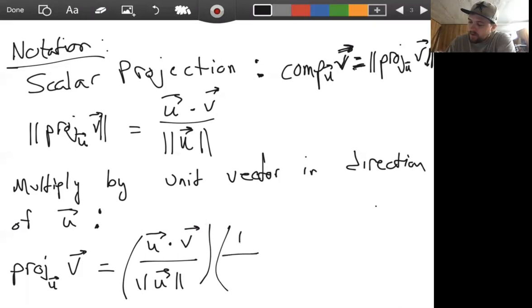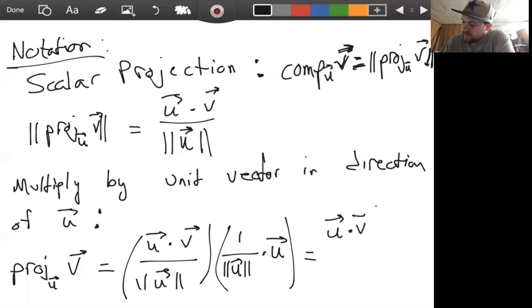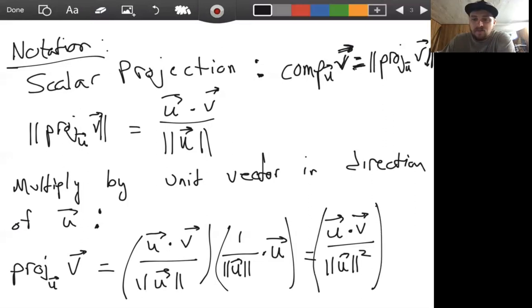And so now we have 1 over magnitude of u times u, right? That's a unit vector in the direction of u. And so combining this, we get u dot v over the magnitude of u squared. All of this is just a number, a scalar, and then times the vector u. And this is our formula for finding the projection vector, okay?